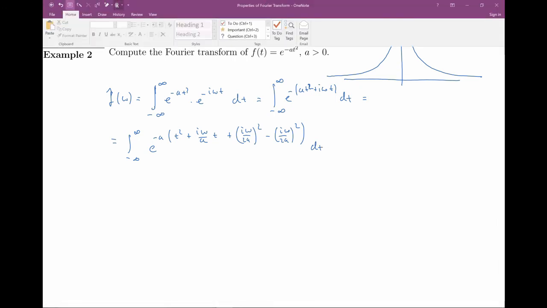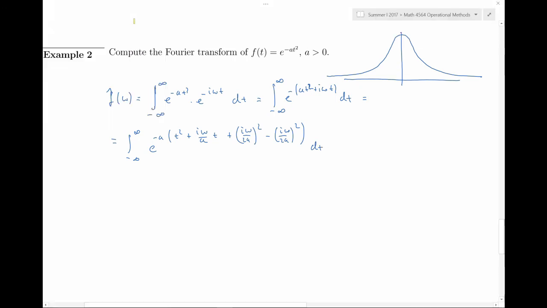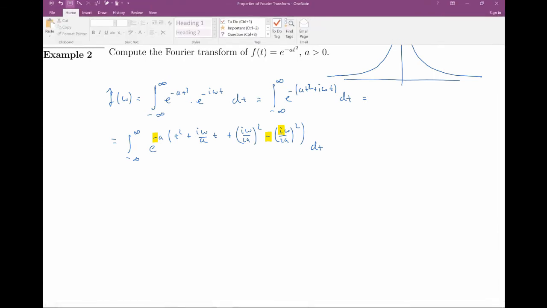The last term I'm going to factor out outside of the integral. So before I do that, let me count the minus signs. I have a minus sign here, I have a minus sign here, and I have a minus sign that comes from the i omega squared.